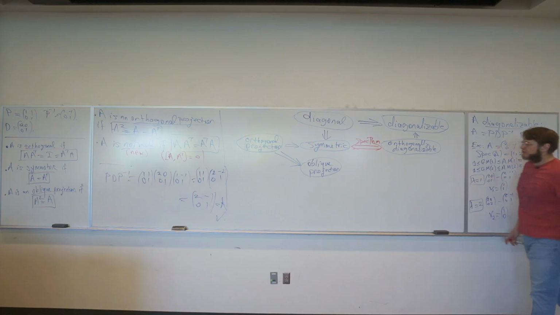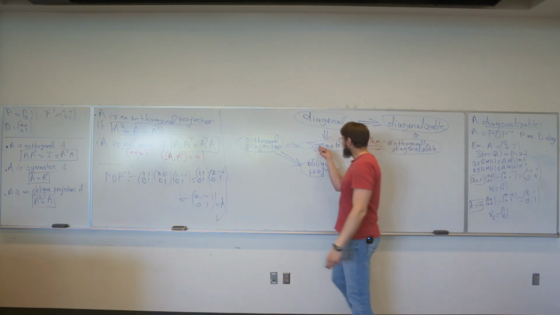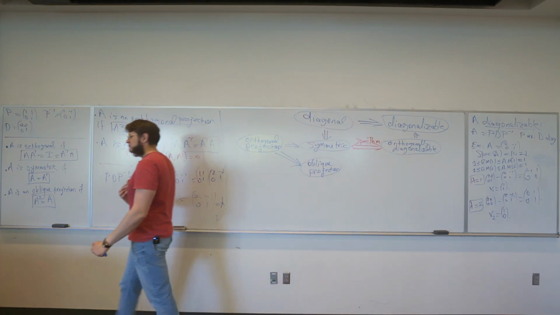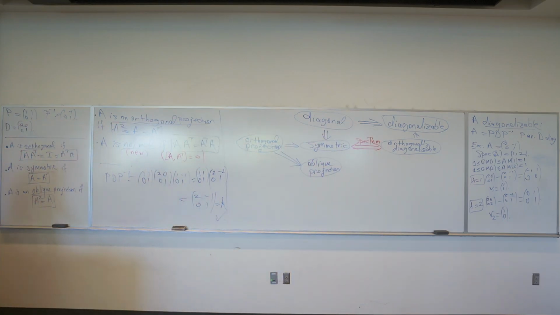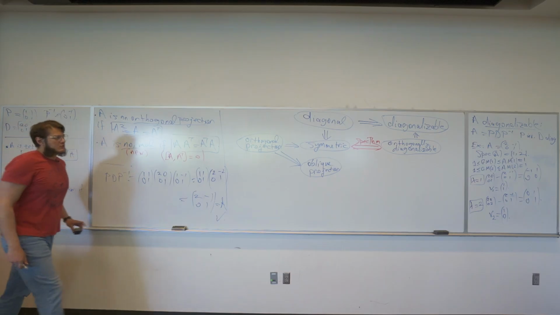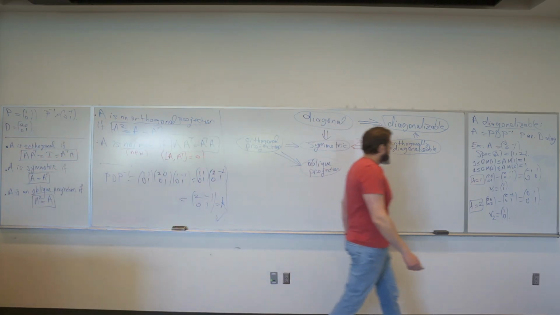Let's try to think of a matrix that is symmetric but not diagonal. Well, I can just put some non-zero numbers on the off diagonal. Let's do that.